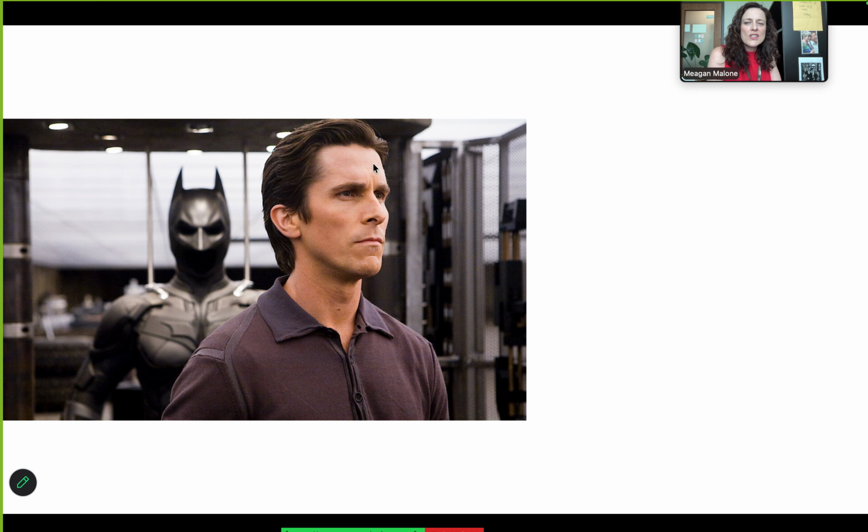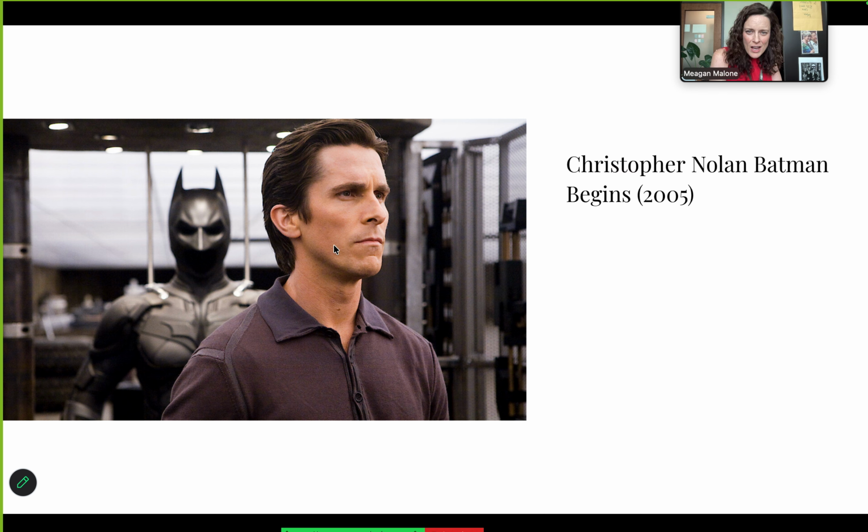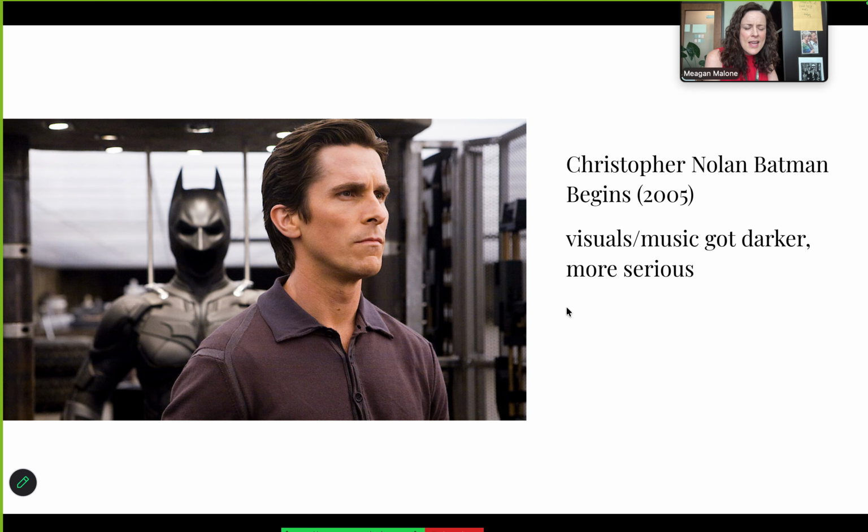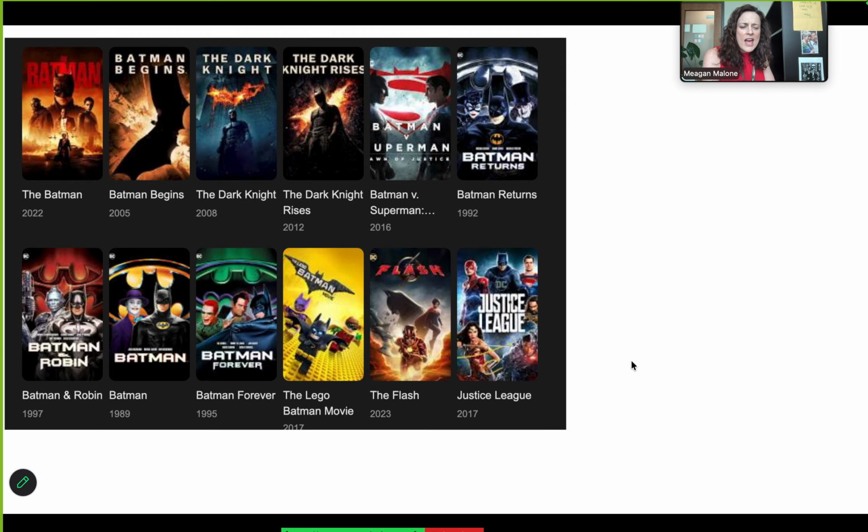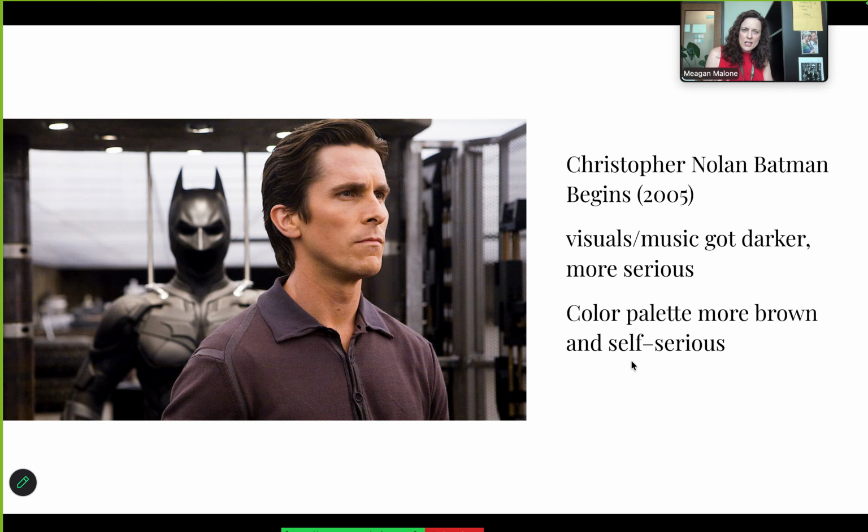But then we move to this really serious, dark stuff in 2005. And so you see, here's Christian Bale looking very serious. The visuals and the music got a lot darker, and the color palette is more brown, and everything is just very, very serious. You'll notice that it is post 9/11.